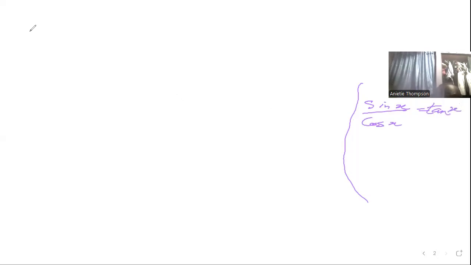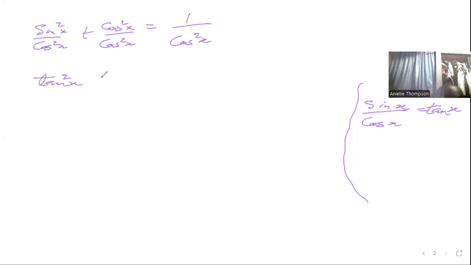So where you have sine square x over cos square x plus cos square x over cos square x equals 1 over cos square x, this now becomes tangent square x plus 1, the same thing divided by the same thing being 1. Remember, the reciprocal of cos is sec, so the reciprocal of cos square is sec square x.